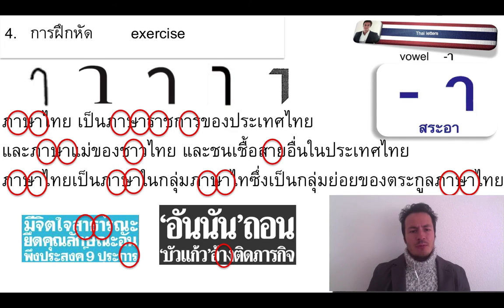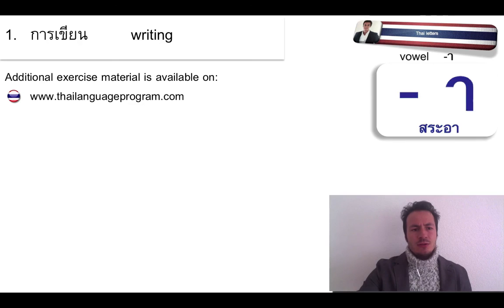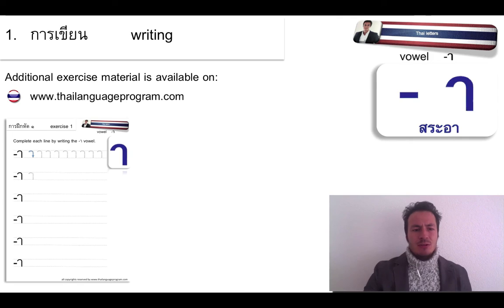Now, I hope you managed to do this, and if you need more opportunity to practice, then go to www.thailanguageprogram.com, where you can sign up for a free membership of the Forum Access and then automatically download these exercise sheets.